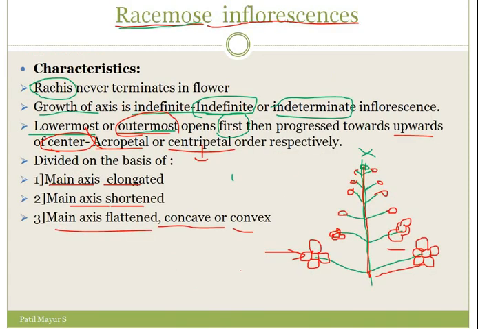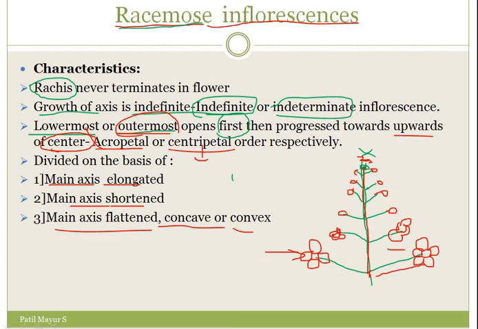In racemose inflorescence, we discussed the characteristics: the rachis or inflorescence axis never terminates into a flower, and the terminal position is always empty, because the growth is indefinite and continually tends to grow.